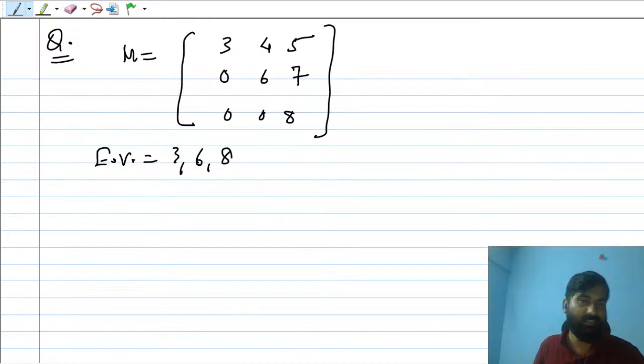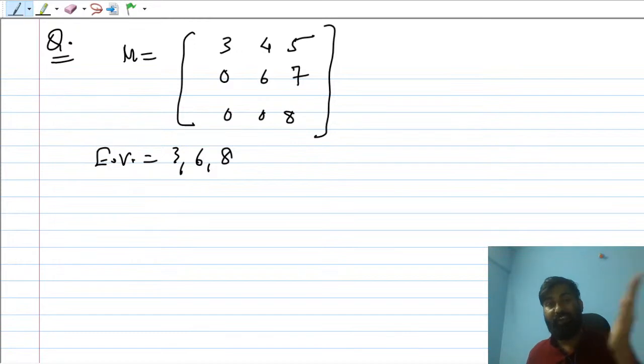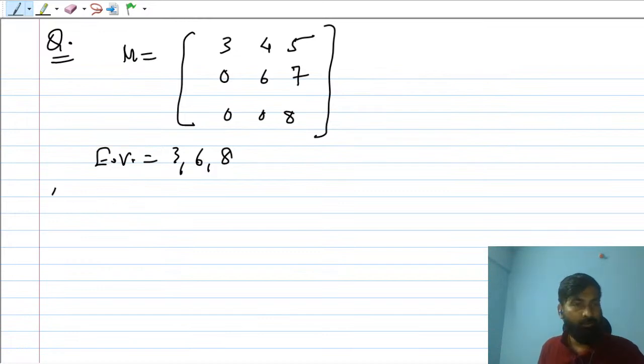I hope this makes sense. Sorry, all eigenvalues are distinct here. So we can find the AM first. AM of 3 will be 1. What will be the GM then?